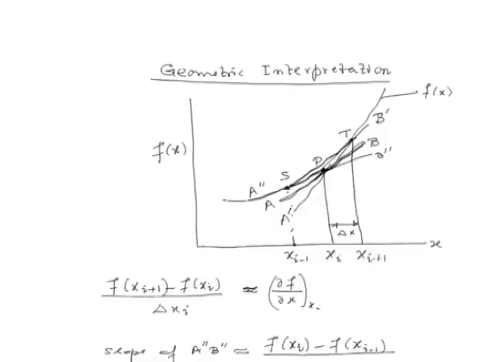Later on we will learn that the so-called central difference approximation, which we can get by using the values on both sides of our point P, gives us a much better approximation of the derivative compared to a forward difference or a backward difference approximation.